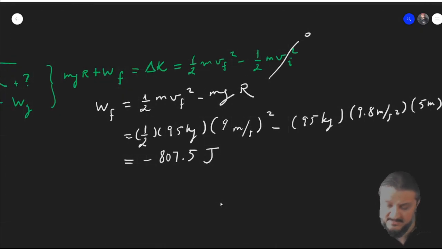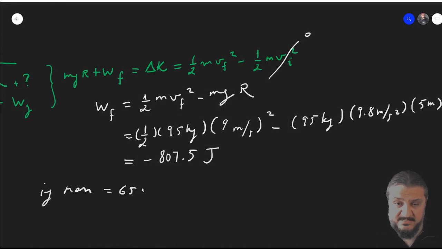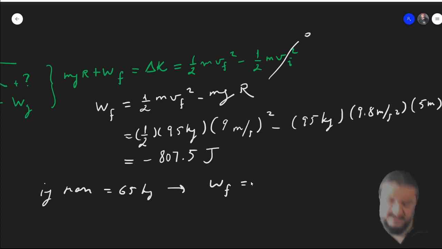Okay. So if mass is 65, then this is, according to the book, negative 550. Let's see if this is correct.